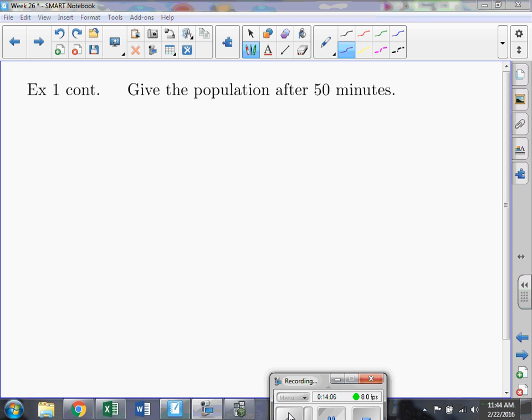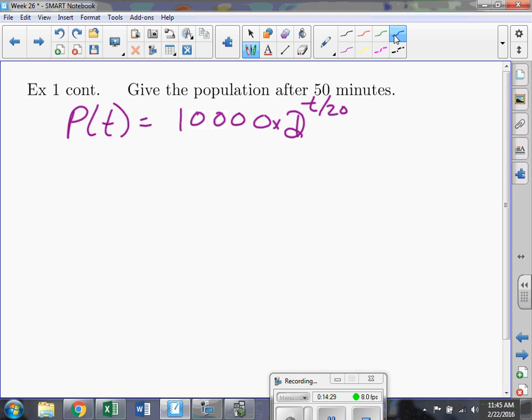Let's continue further. Now that we have this population model, now that we have the doubling time model, what is the population going to be after 50 minutes? Yeah, 50 minutes is our argument.